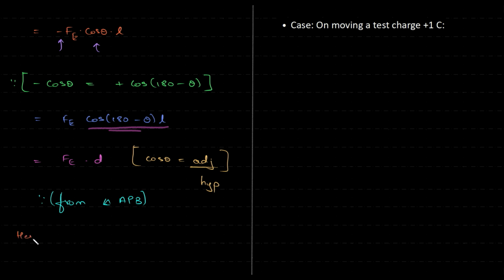So here D is the distance of Q naught along the direction of the electrical field. The Q naught has been displaced along the direction of the electrical field E.